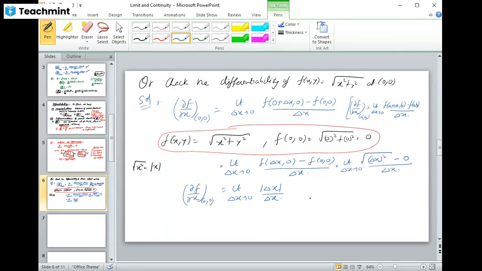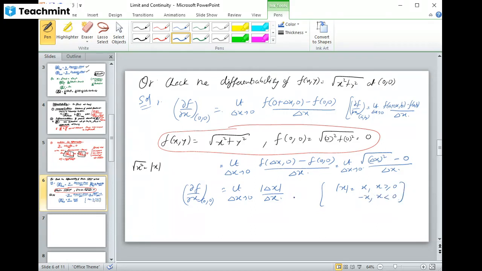Now, what will happen in this case? The modulus function is defined in this way: mod of x is equal to x if x is greater than or equal to 0, and its value is minus x if x is less than 0.